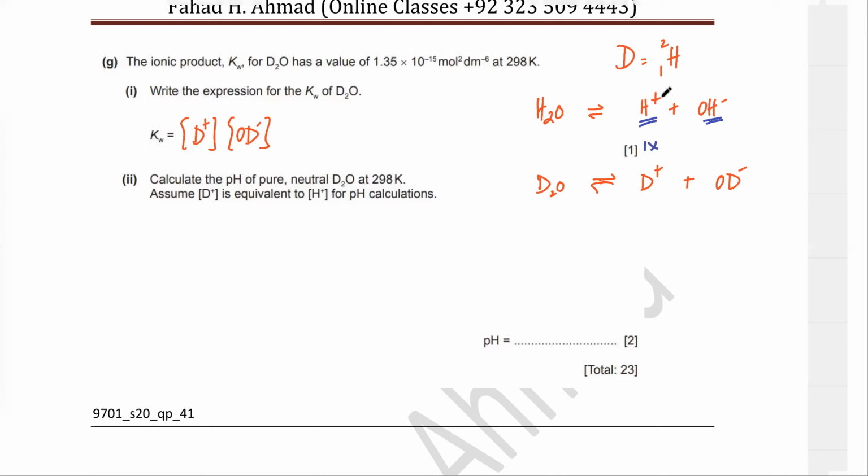You should know this, it was the most basic thing: 1 times 10 power minus 7 mole per decimeter cube. Which is why your pH came out to be 7, because when you took the negative log of this, you got 7. And the ionic product of water, the value of Kw, for water is 1 times 10 power minus 14. Is this clear?